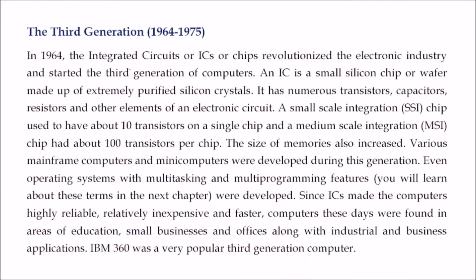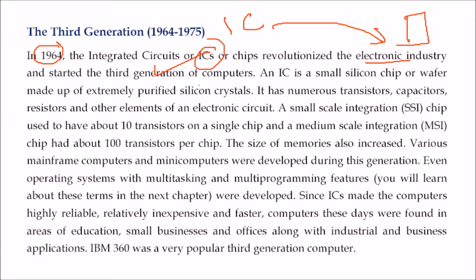Then the third generation. In 1964, ICs, integrated circuits, again revolutionized the electronic industry. Actually, what is a computer? A computer is an electronic device. So whatever changes there are in the electronic industry directly affect the computer. So the electronic industry started the third generation because of ICs. ICs are very small silicon chips or wafers made of extremely purified silicon crystals.